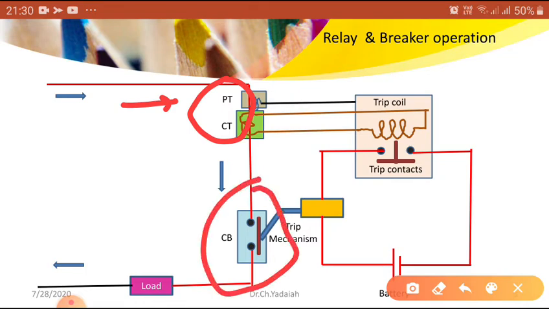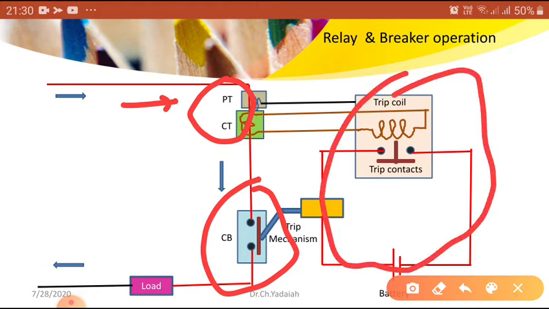Here is our main hero. This circuit breaker mechanism is operated by our electrical system. You can see that this mechanical system is operated by our electrical system. Mechanically it is strong, and it opens and closes the circuit.